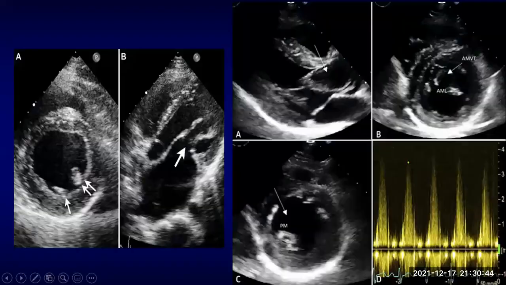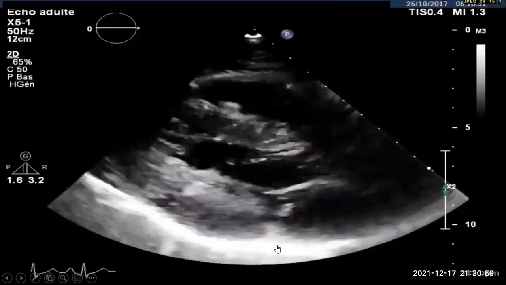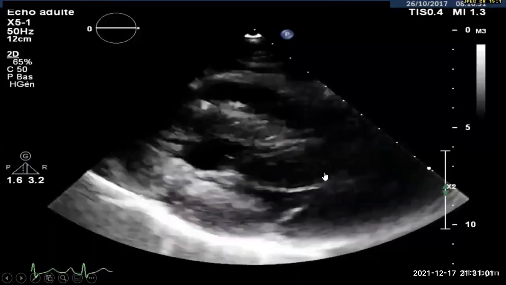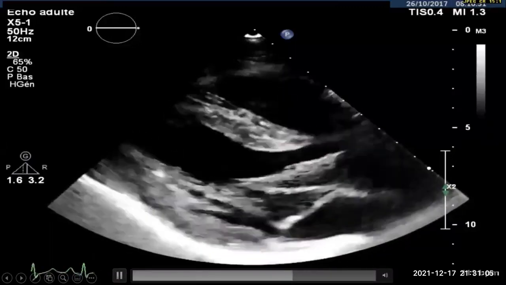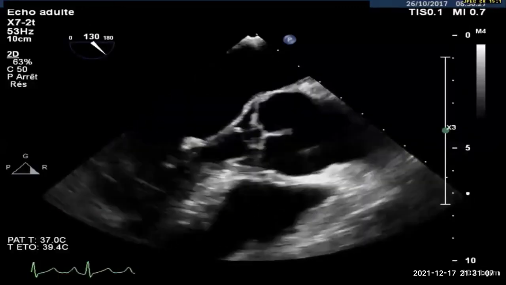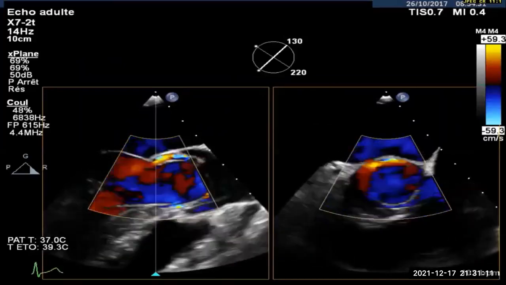parachute mitral valve. Here, this is a patient with a parachute mitral valve and LVOT obstruction. You can see here a single papillary muscle. So this is the case. We can see the apparatus of the mitral valve obstructing the LVOT, as we see here, with aliasing.